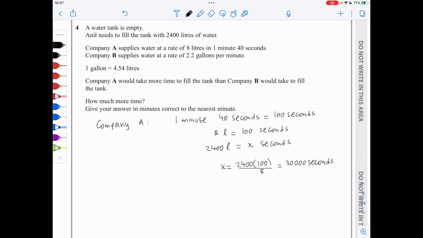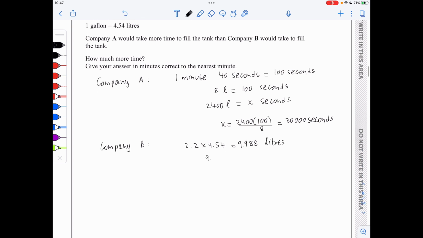Now for Company B, we need to make the conversion because we are given the volume in gallons. So 2.2 gallons, each gallon is 4.54 liters. So 2.2 times 4.54 is equal to 9.988 liters. That's every minute or 60 seconds.